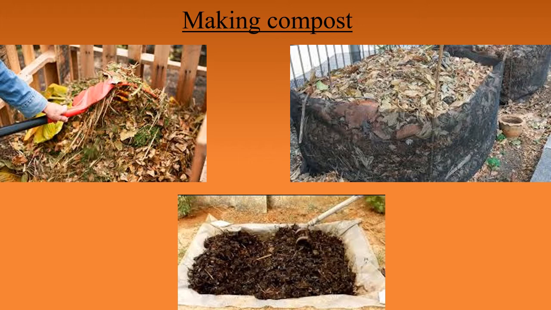In this slide, you can see the process of making compost. You can use a compost bin or can make a place as shown in the first picture to collect dried leaves and kitchen waste. Continue to add layers until your bin is full.